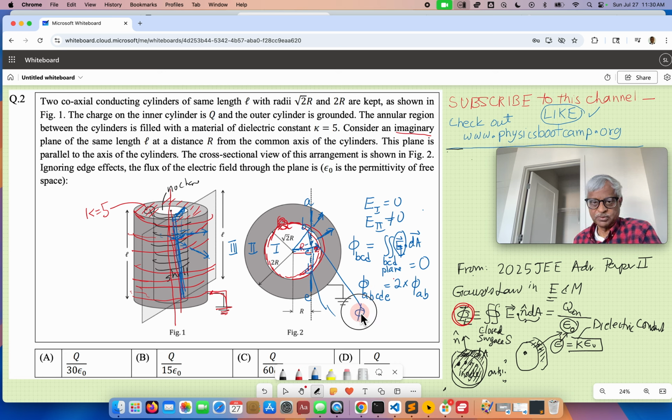This is equal to the flux through AB, which is in region 2, plus the flux through B, C, D, which is region 1, plus the flux through DE, which is also in region 2. So this is 0 and this equals this, which makes it 2 times. So we need to figure out this flux, multiply by 2, and see which one of these is correct.